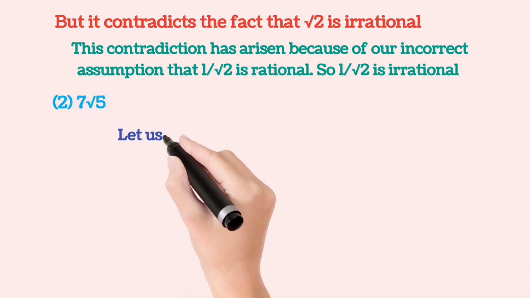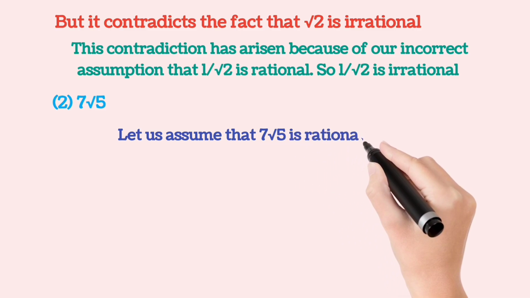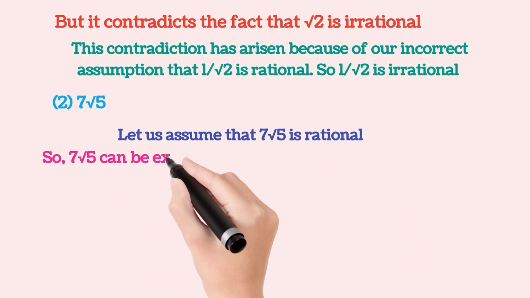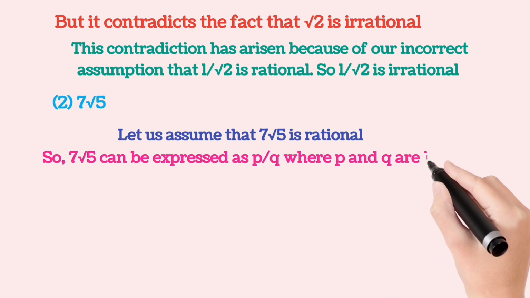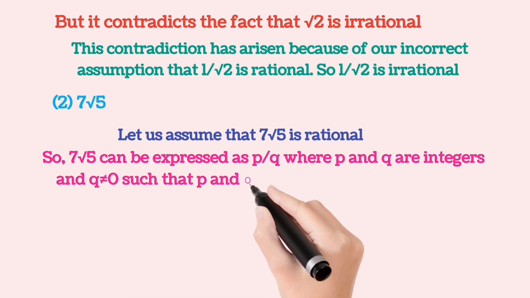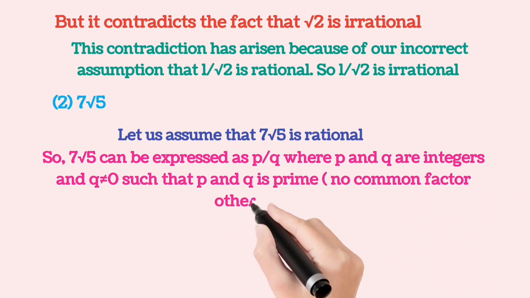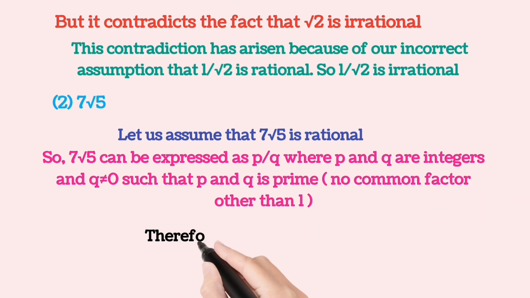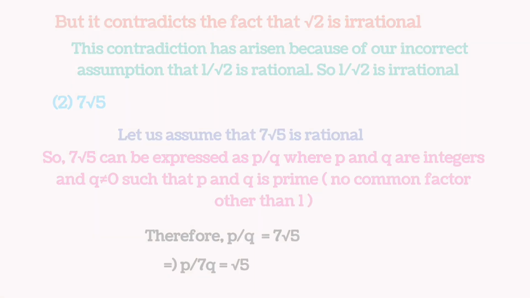Next, question 2: 7 root 5. Let us assume that 7 root 5 is rational, so 7 root 5 can be expressed as p by q, where p and q are integers and q not equal to 0, such that p and q are co-prime, no common factor other than 1. Therefore, p by q equals 7 root 5, that is p by 7q equals root 5.